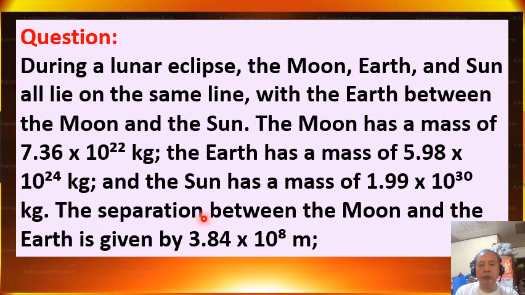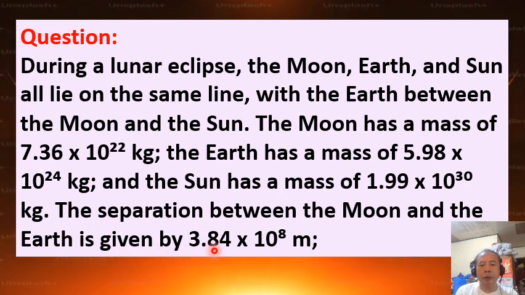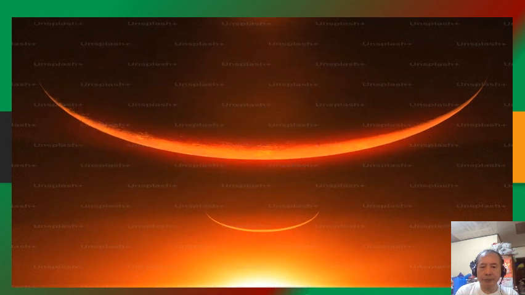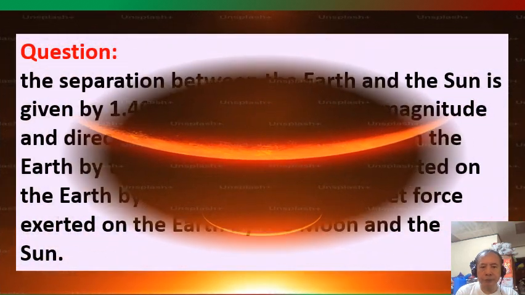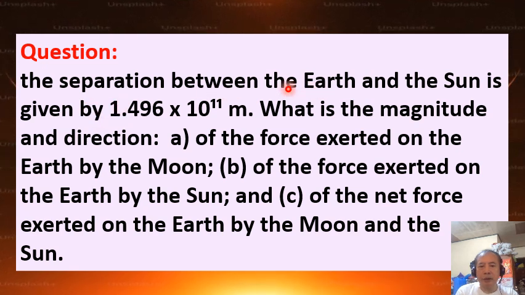The separation between the moon and the earth is 3.84 times 10 to the 8 meters. The separation between the earth and the sun is 1.496 times 10 to the 11 meters.